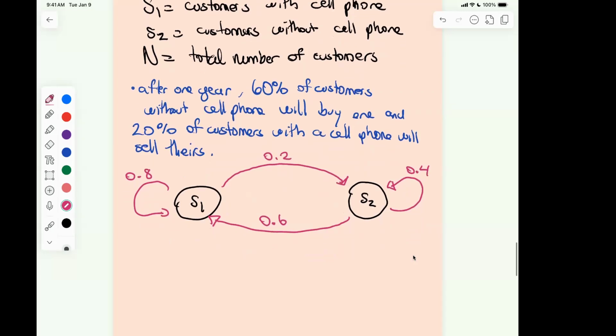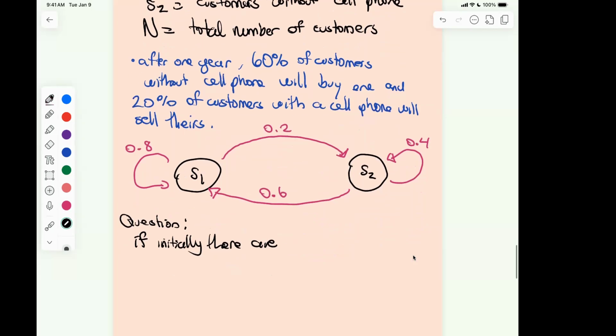So here's the question. If initially, at least I'll set everything up, and next time I'll tell you how to use Farkas lemma to prove what I want to prove.